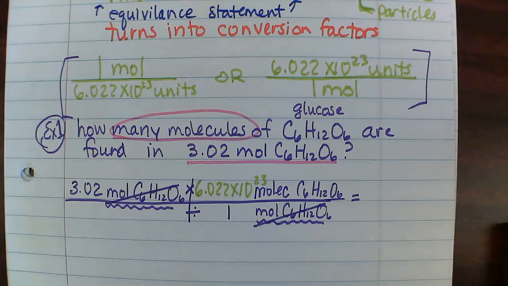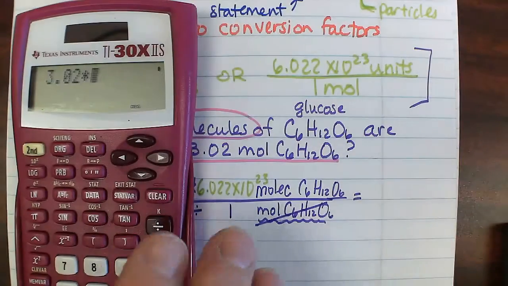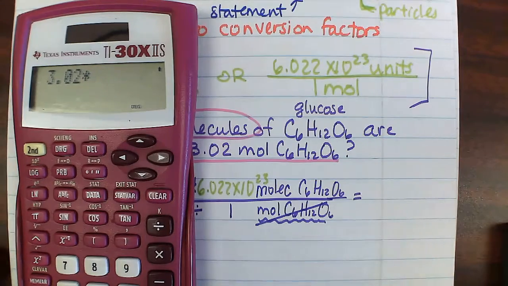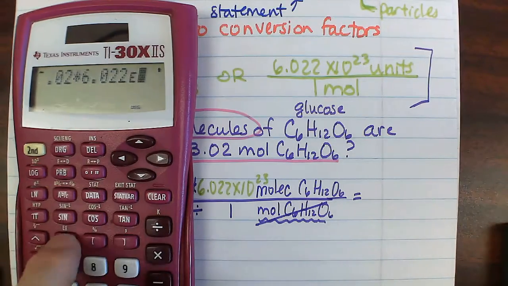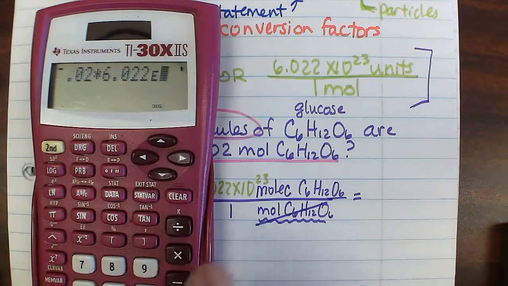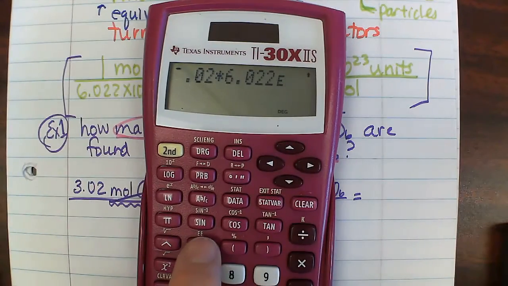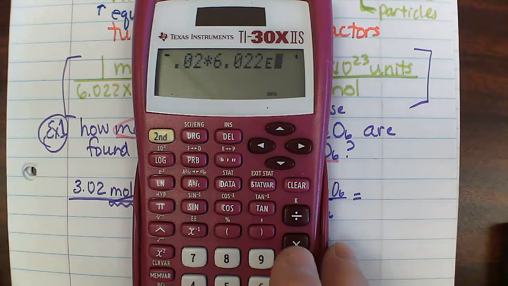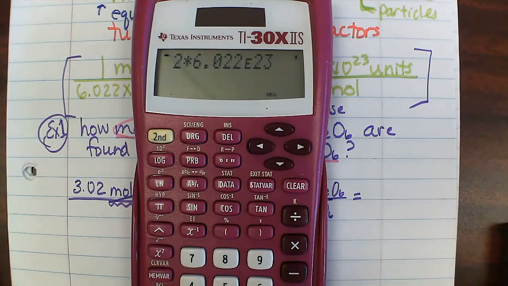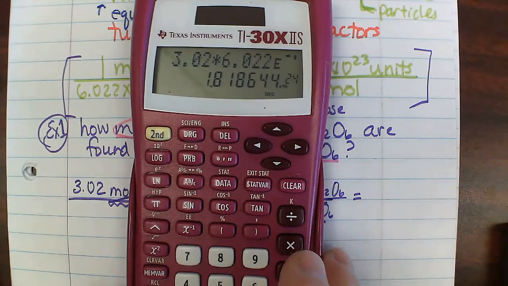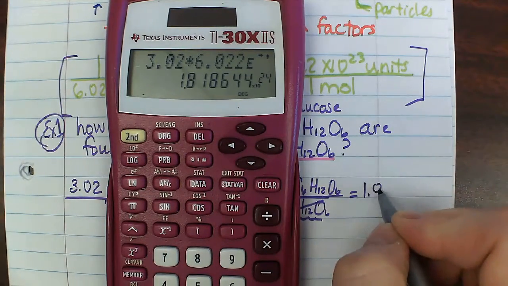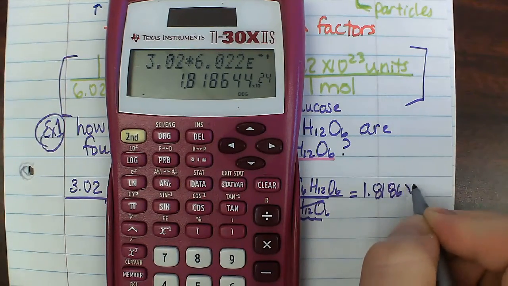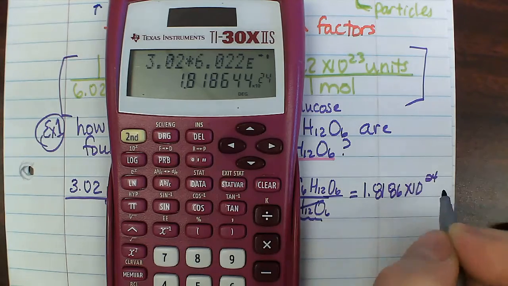So type in your calculator 3.02 times 6.022 E. You're going to use that EE key. It's right there above the x to the negative 1. E23 equals. And then I got in my calculator 1.8186 times 10 to the 24th.